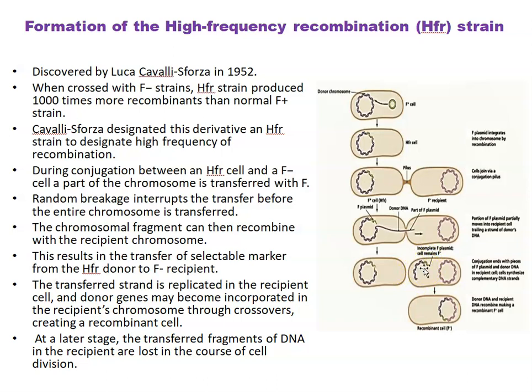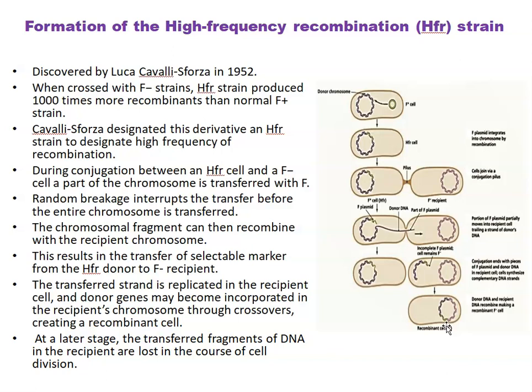Then the chromosomal fragment can recombine with the recipient chromosome here, right? So this results in the transfer of a selectable marker from the high frequency donor to the recipient cell.